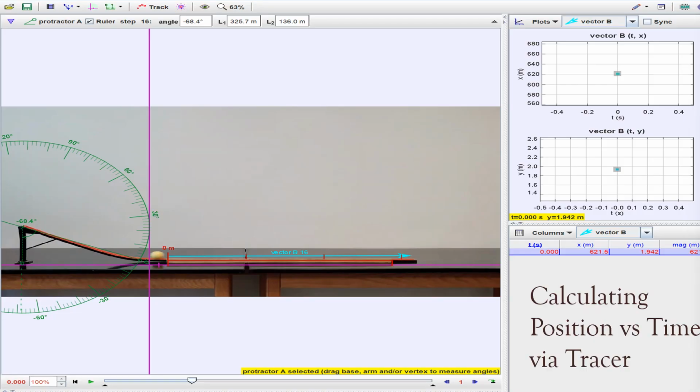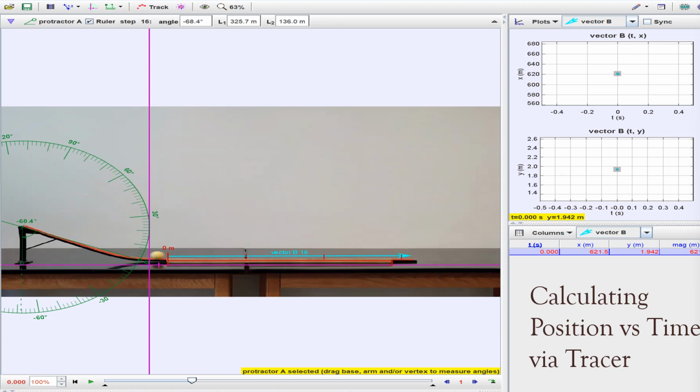Forgot to mention this on the last slide, but that 1.85 meters per second was the slope for the position versus time graph. Anyway, as we carry on, I now plugged the video into Tracer, put in this protractor, found the angle and whatnot, and used their measuring tools to find the vector. I will say it wasn't the most accurate thing.